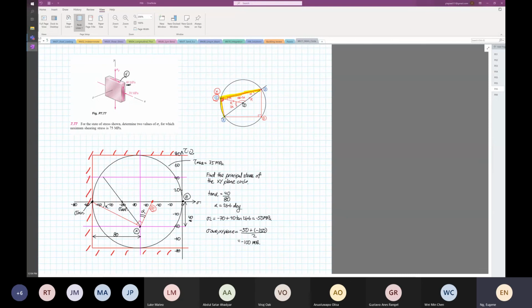Over here, this is our Y2. Finding Y2 is not difficult. We know that this is alpha, and this is also alpha.